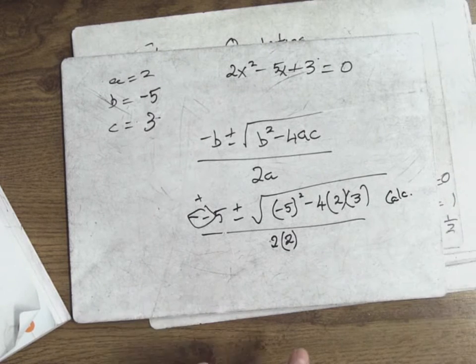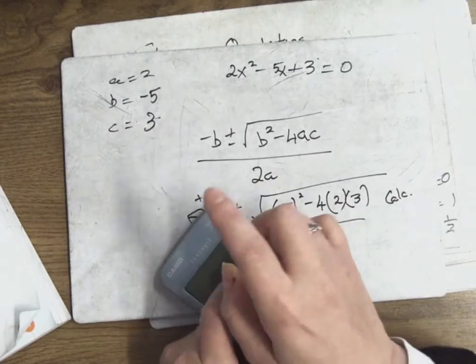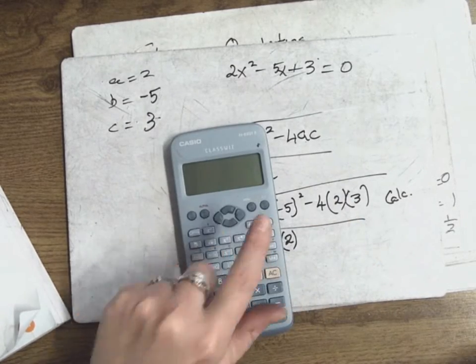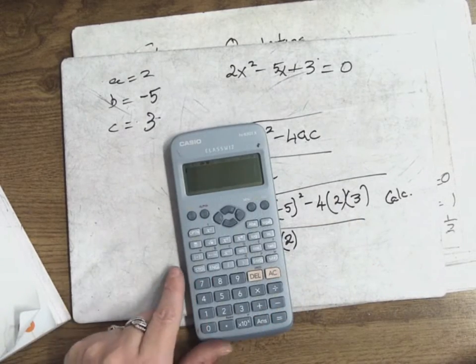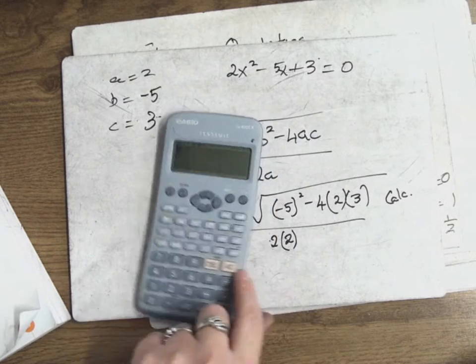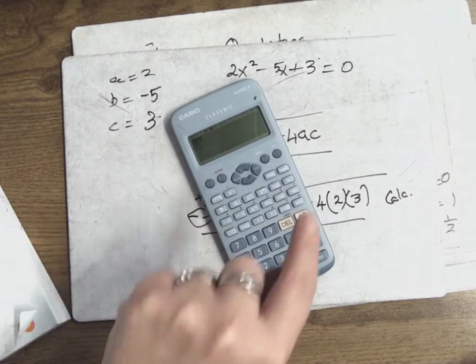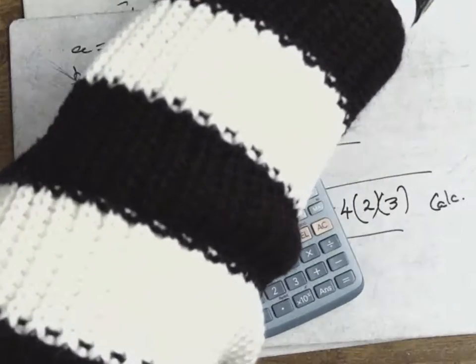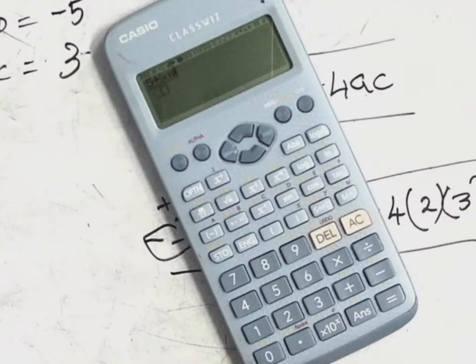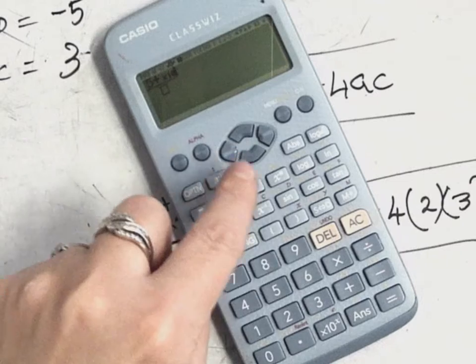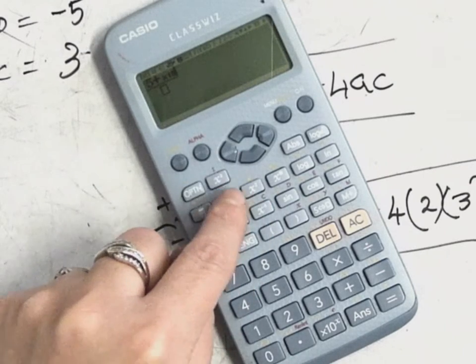Okay? So into your calculator, for this, you press the fraction button first. Then 5 plus the square root of, where is it?